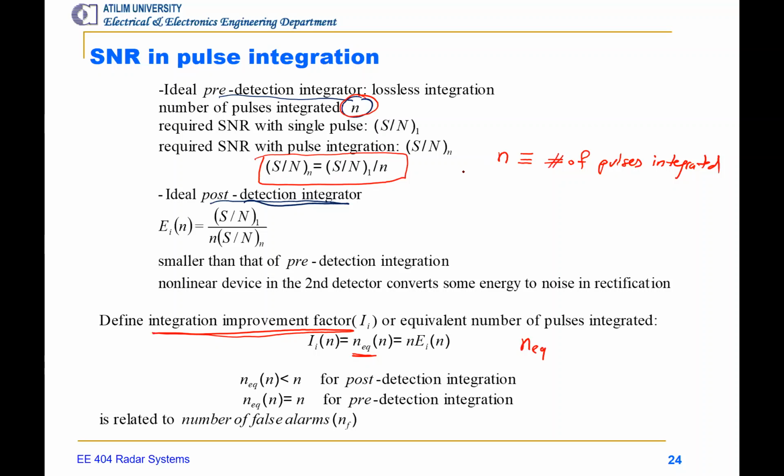In pre-detection integrator, the number of pulses that we collect is equal to the equivalent number of pulses integrated. In here, it is not the case. Equivalent number of pulses integrated is less than the number of pulses at the input of the integrator. So this is critical, and it's very much related to the number of false alarms. So in the next slide, we see the relationship.